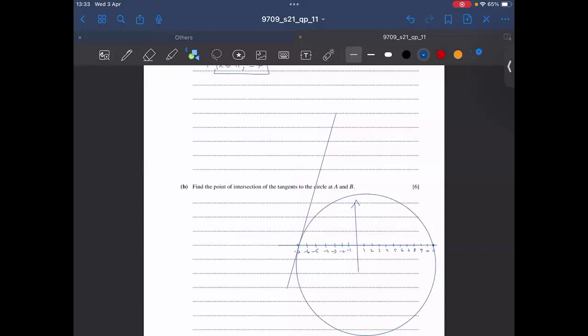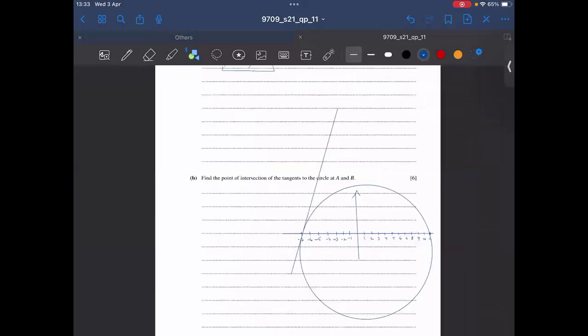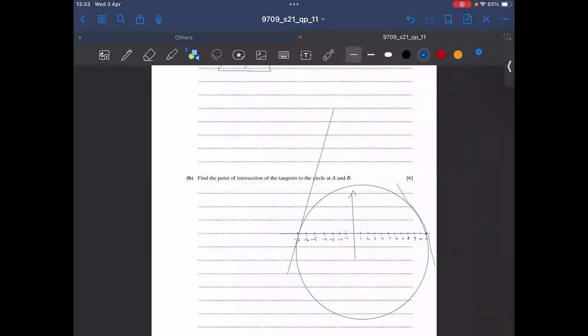Yeah, good enough. And you're gonna have then like this. So you have tangents meeting externally.